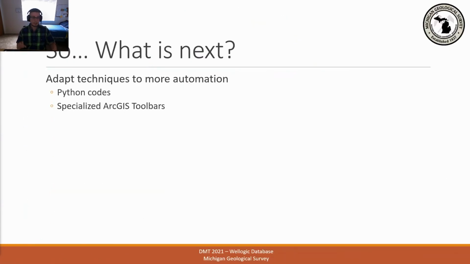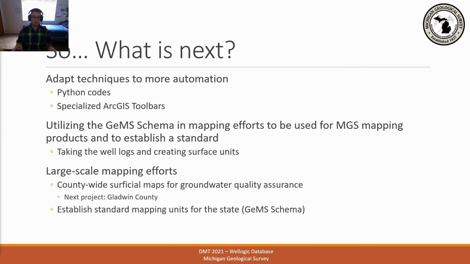And this is going to be our last slide. So what's next for us? What we want to do is create more automation and make the standard much more user-friendly, being able to make it the same way every time. So implementing Python code, creating specialized toolbars, and then furthermore utilizing the GEM schema to provide that information in the standard federal format to our users.